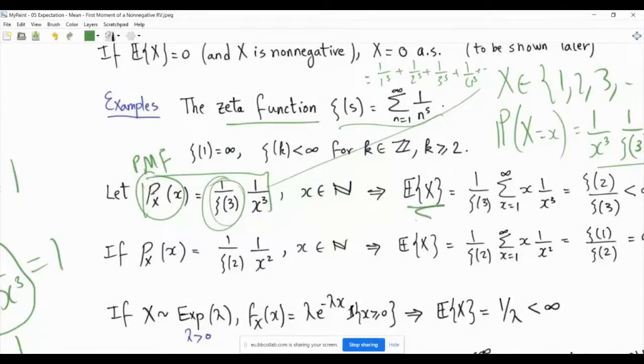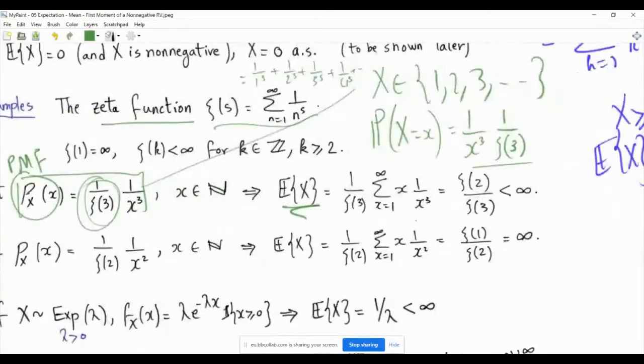Now, what is the first moment? By definition, for discrete random variables, you have a summation over the values taken by the random variable with probability 1, or almost surely. Those values are the small x's, the natural numbers. You weight each value by its probability, which here is 1 over x cubed multiplied by the normalizing factor 1 over zeta of 3. So what is this summation?